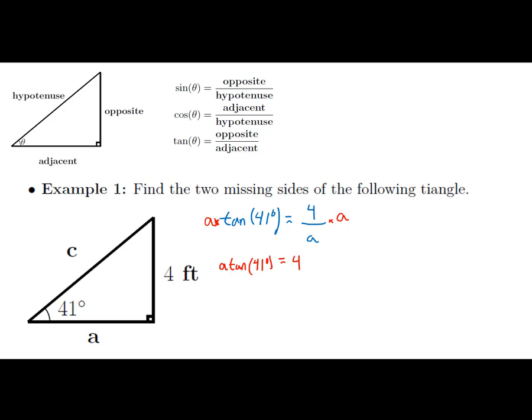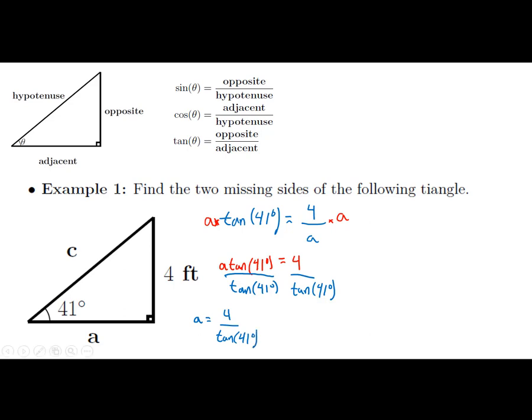So we can divide by it to get A by itself. Of course, we do that on both sides. And so what we get here is that A has to equal the ratio of 4 divided by the tangent of 41 degrees.